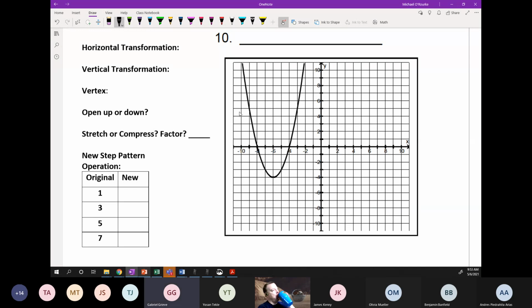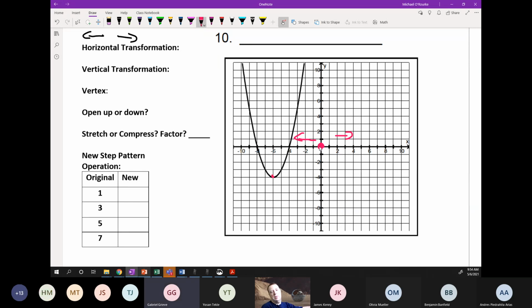Is the horizontal transformation how far it had to go horizontally from the vertex to the farthest horizontal point? The horizontal transformation is going from the original spot. So the original spot's right here, correct? How far left or right does it go to get to the vertex?